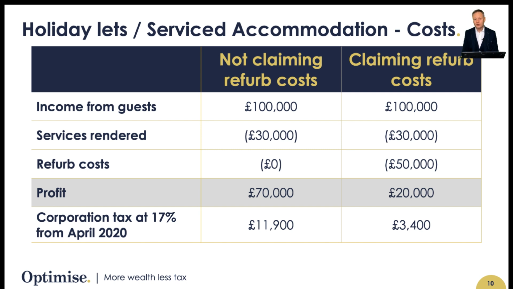What I've done for you, by the way, is assume a 17% corporation tax rate. Why am I looking at corporation tax rather than income tax? Well, to be fair, I think most people will be using limited companies as a professional landlord going on from the year 2020 anyway, which we're in for now. So that's why I've used a 17% corporation tax rate, which is coming into effect from April 2020.